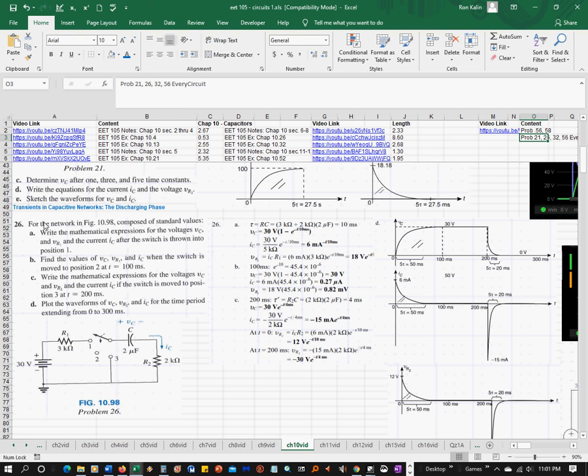Likewise, for problem 26, I set up this circuit in Every Circuit. So you have the charging phase as step 1, when this is a single pole 3-throw switch, and in the first throw it's going to be basically an RC circuit.